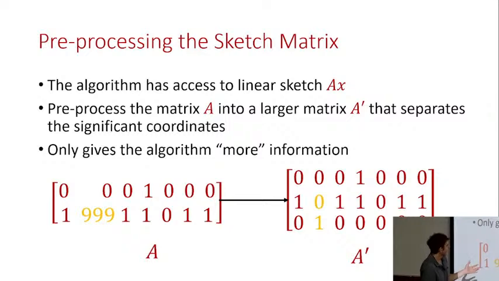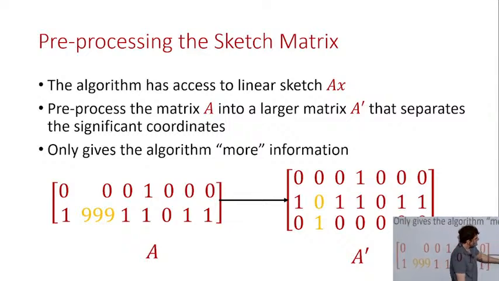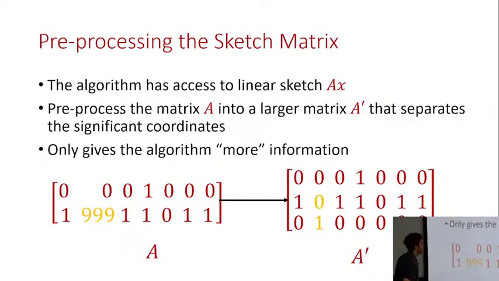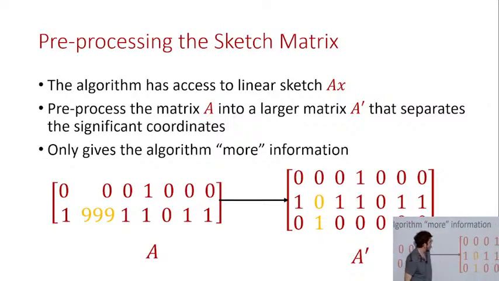And the nice thing about A prime is, you can see that now the significant coordinates are actually standard unit vectors here. And they're disjoint from what's left, this row. Or they could be disjoint, I mean, I can subtract 1 from here.